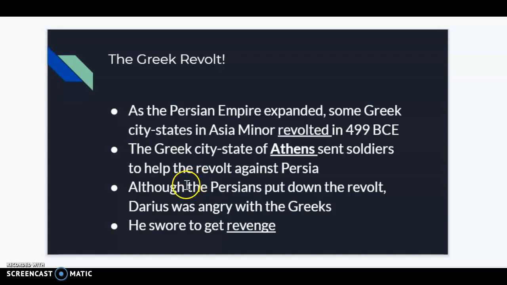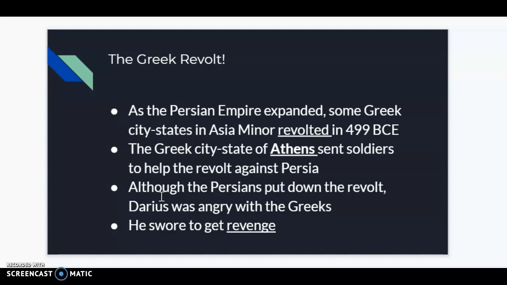Although the Persians end up putting down the revolt and defeating it, that wasn't really the issue. The issue is that, for number one, the Greeks had the audacity, the gall, the backbone to think that it was okay that they could revolt against this emperor who believed he was a god king, as most of these Persian emperors did.